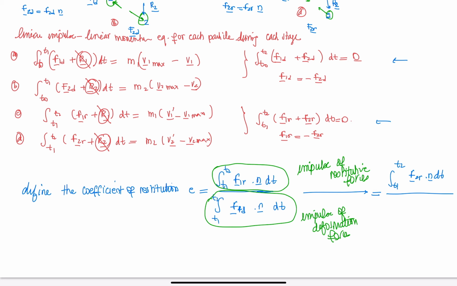We're not introducing any new phenomena, just getting basically the magnitude of these factors. The integral from T1 to T2 of F2r dot n dt over the integral of F2d dot n dt. So let's think about this.